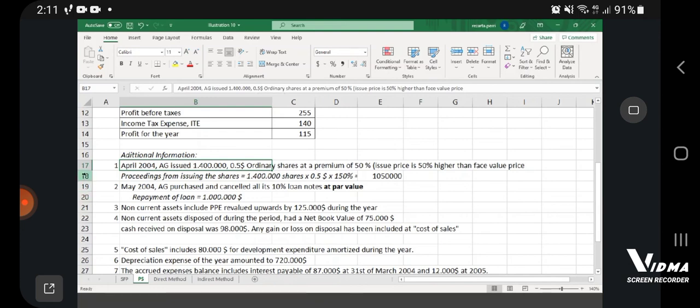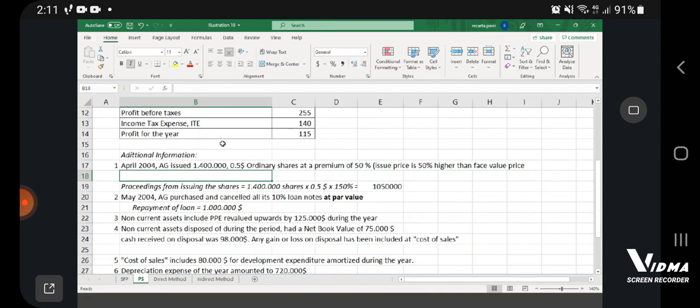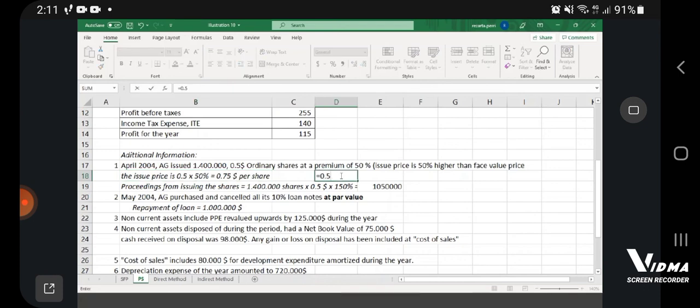Let's make some other calculations. Maybe that would be more helpful for you. That means that the issue price is 0.5 multiplied by 150%, and that would be 0.75. That would be the new issue price of the shares, $0.75 per share. So this is the premium, 0.25.